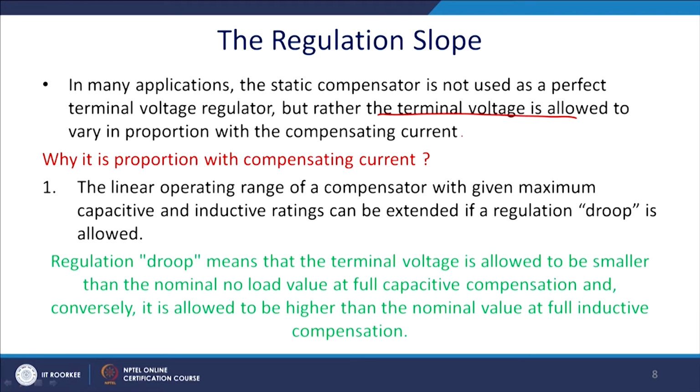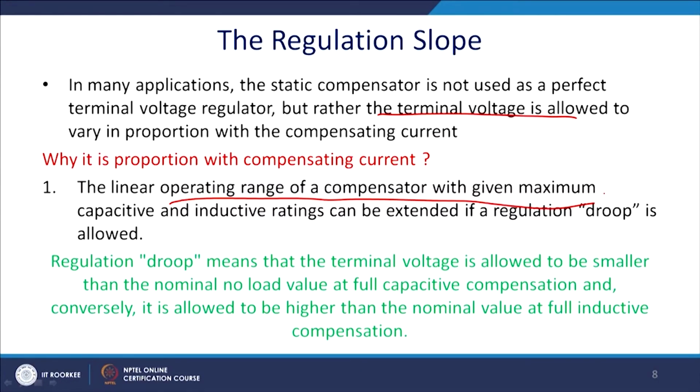We know that the reactive power handling capability varies with the QS in case of the SVC. The linear operating range of the compensator with a given maximum capacitive and inductive current can be extended if the regulation drop is allowed. Then it will be linear, otherwise it is quadratic.